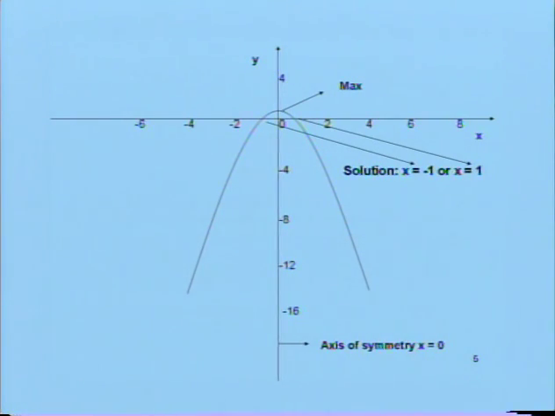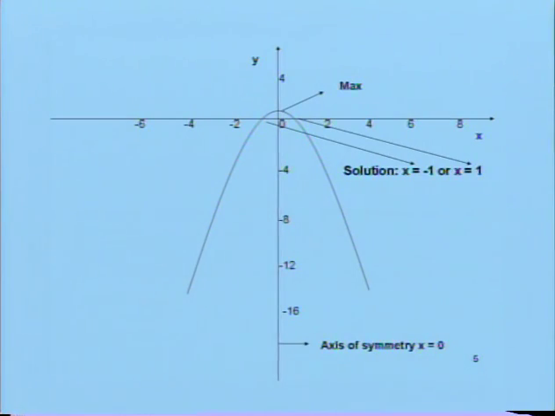The graph cuts the x-axis at 2 points. You'll recognize on the right that it cuts the x-axis at x equal 1, and on the left it cuts the x-axis at x equal to -1. The solution to the quadratic equation would be x equal to -1, x equal to 1.